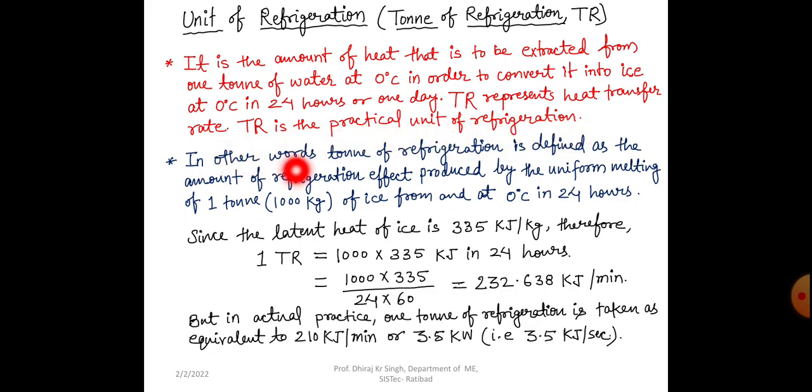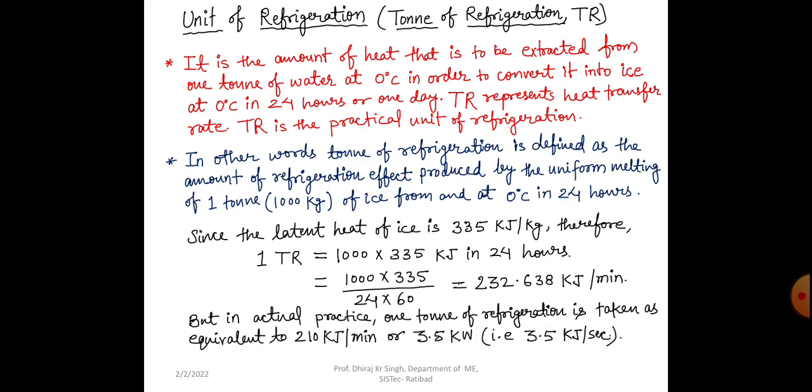In other words, ton of refrigeration is also defined as the amount of refrigeration effect produced by the uniform melting of 1 ton, that is 1000 kilogram of ice from and at 0 degree Celsius in 24 hours. We can also understand ton of refrigeration if we have an ice cube of 1 ton.